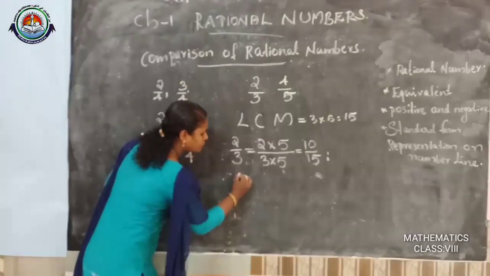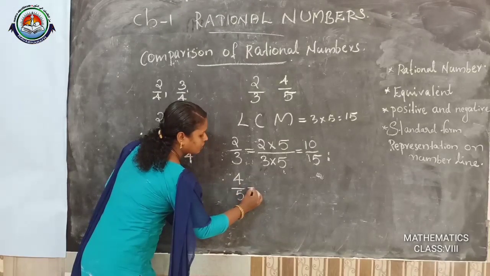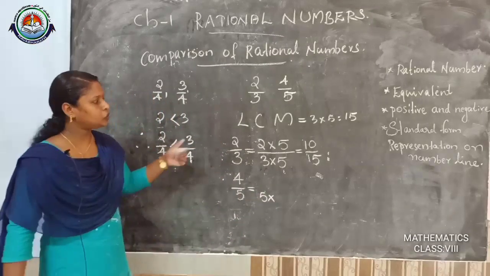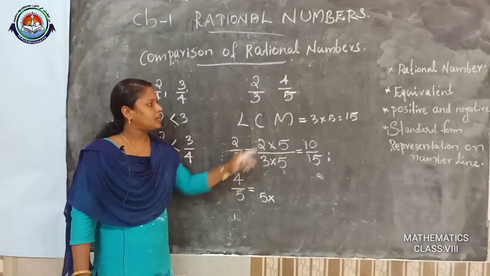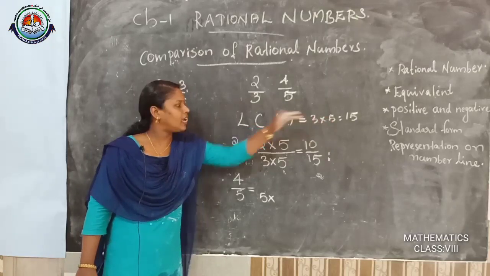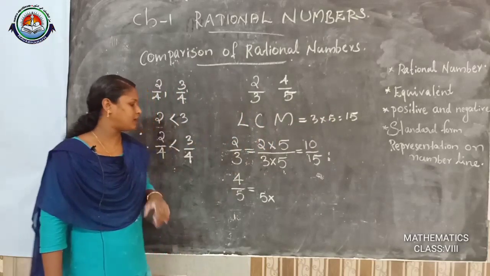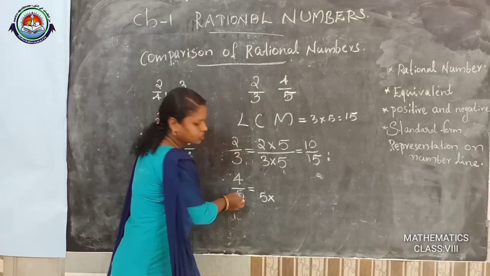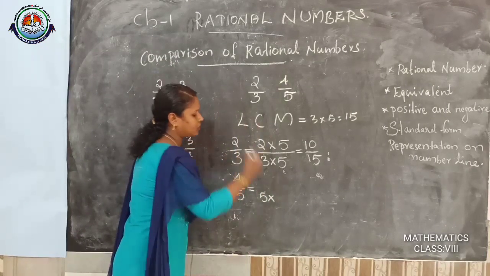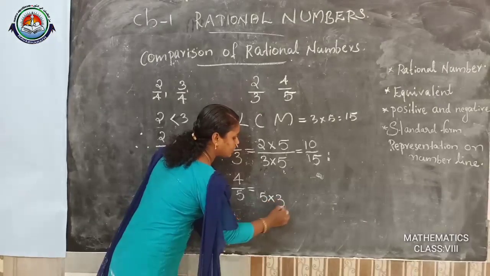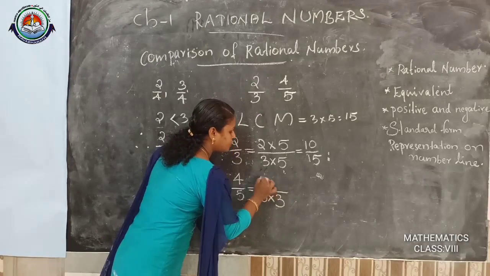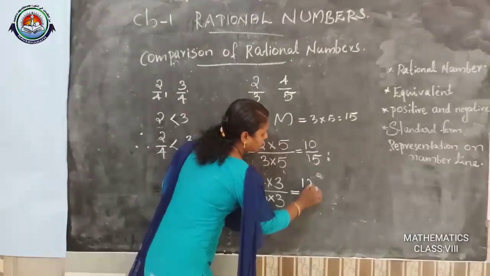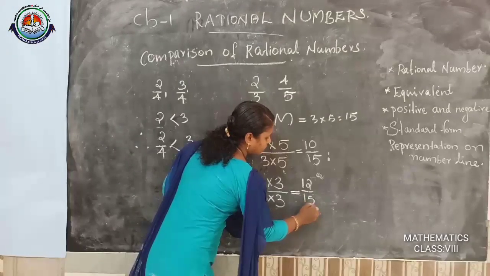And 4 by 5. Here 4 by 5 also we need to express as a rational number with 15, the LCM, as the denominator. 4 by 5 equal to, we need to change this 5 into 15, that is 5 into 3, and 4 into 3 is 12 by 15.